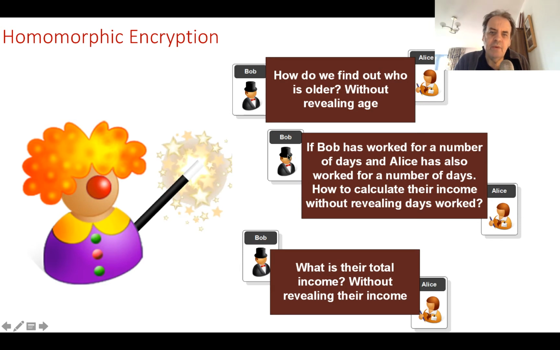Also, if Bob has worked a number of days and Alice has worked a number of days, how could we calculate their total income without revealing the number of days that they've worked? And how can we find out Bob and Alice's total income without revealing each of their incomes? This is a major challenge for us in the software that we create, and we'll see how homomorphic encryption allows this to happen.